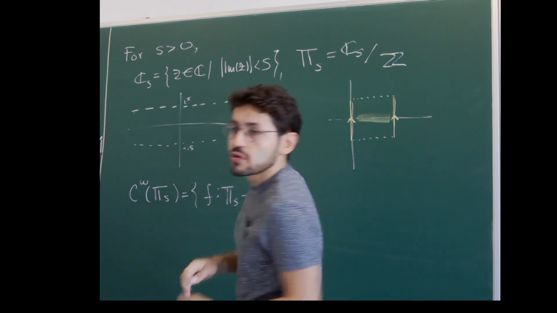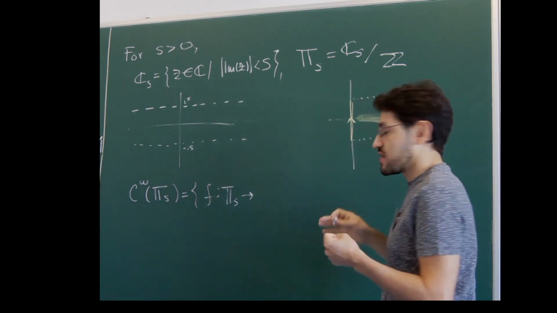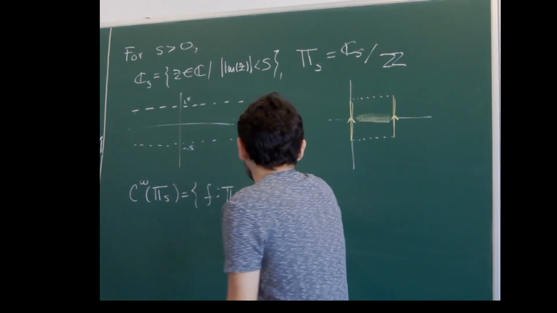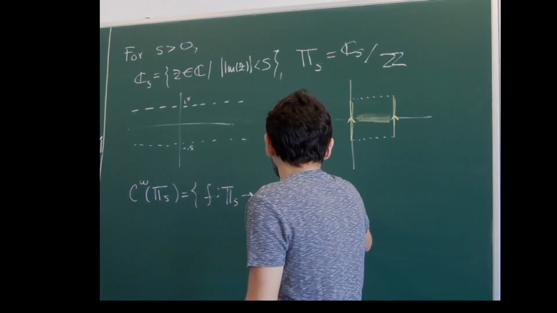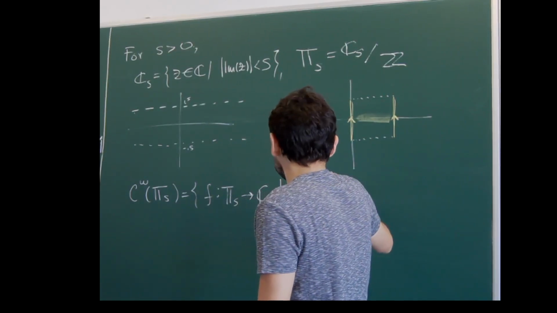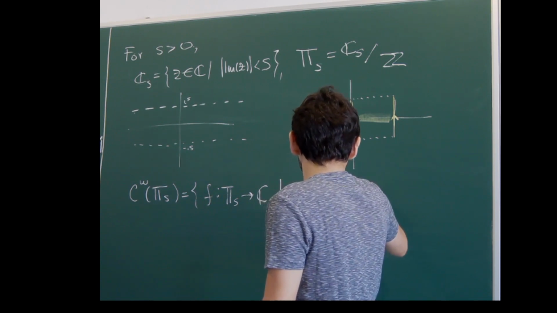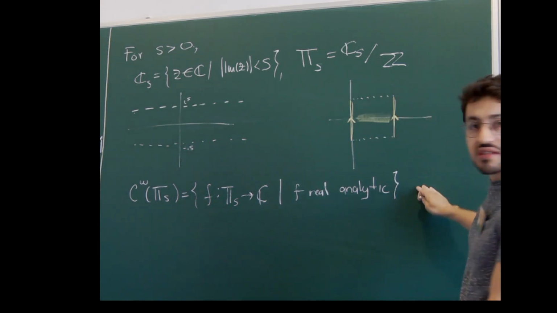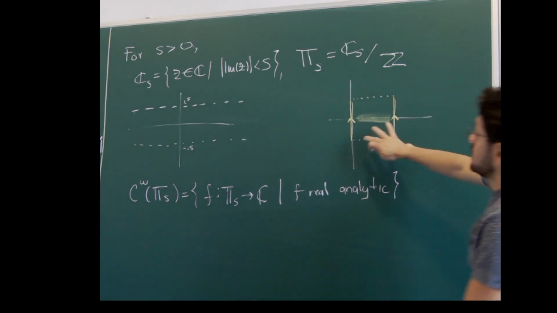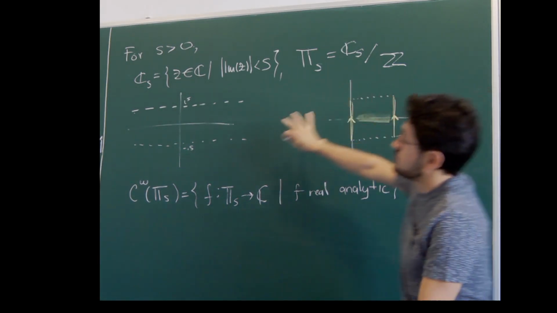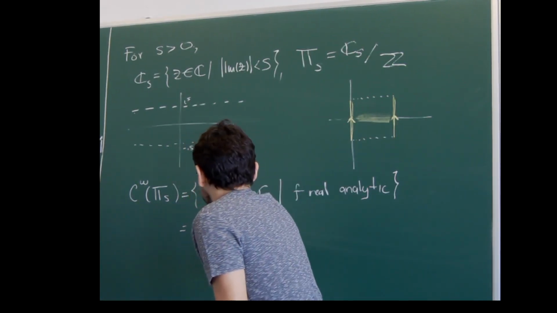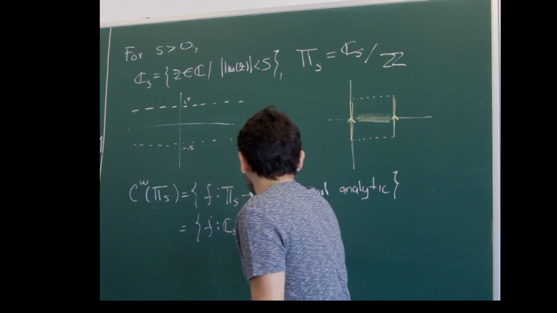Everything I will do will be with real analytic; if at some point I forgot to say real analytic, it was real analytic. So take here F real analytic. If you don't like to see it like here, you can see it just as a function on the complex strip here.